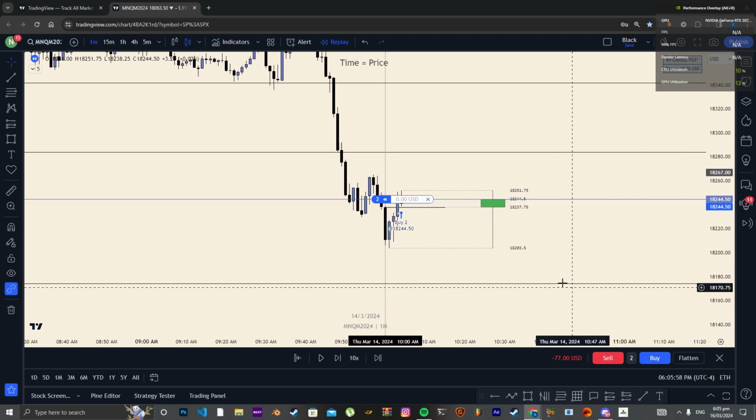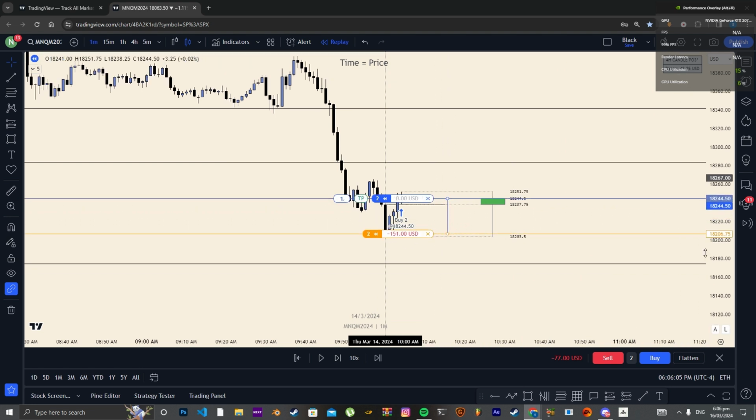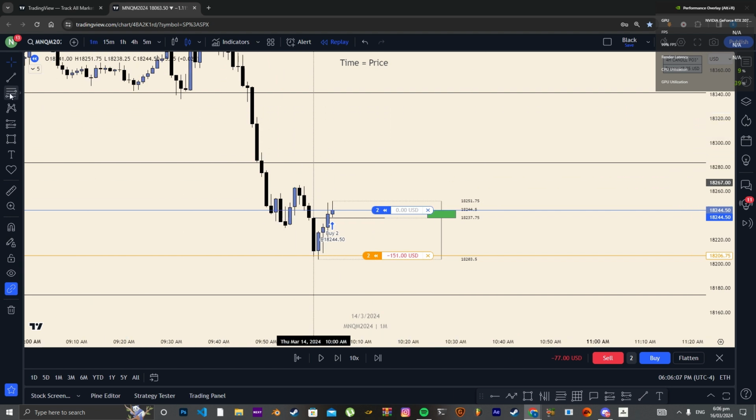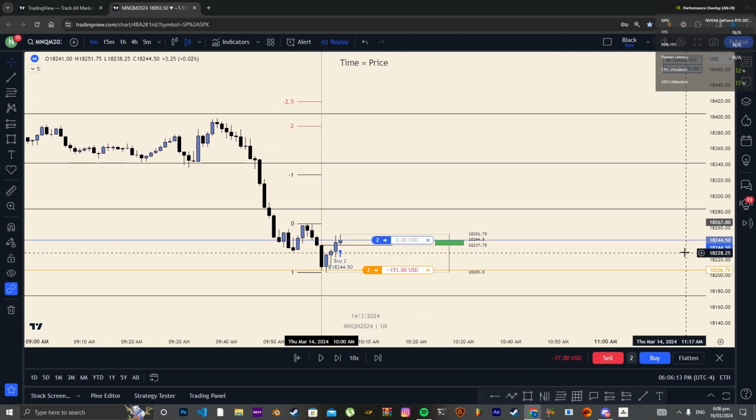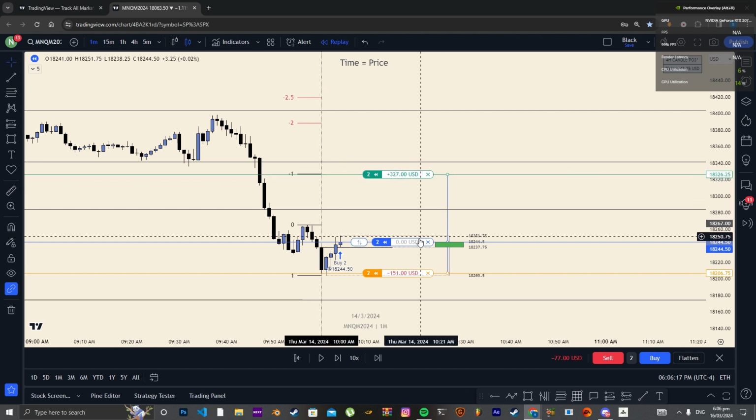I'm going to take these buys right here. I'll put my stop right below here. And then we'll be targeting standard deviation like that. And let's look to target the -1 first.